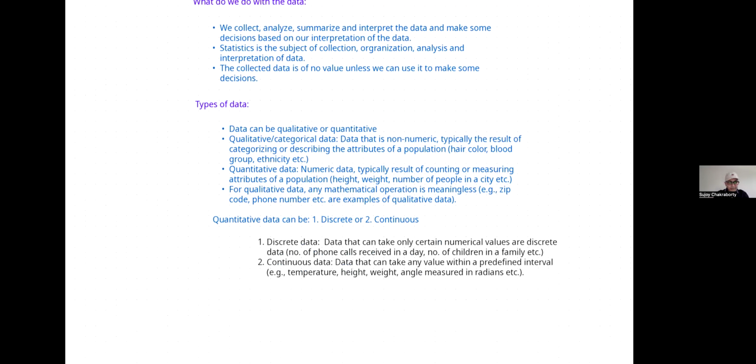Now let's talk about variables and attributes. Typically, the statistical information that we collect from a group of individuals or objects can be of two types, which we already discussed: qualitative data or quantitative data.